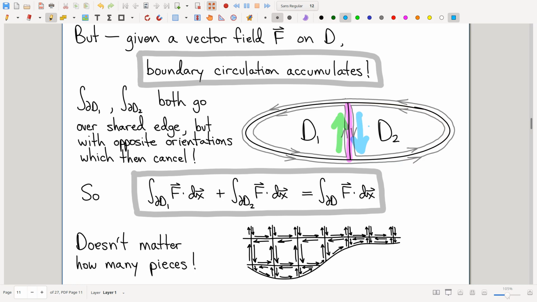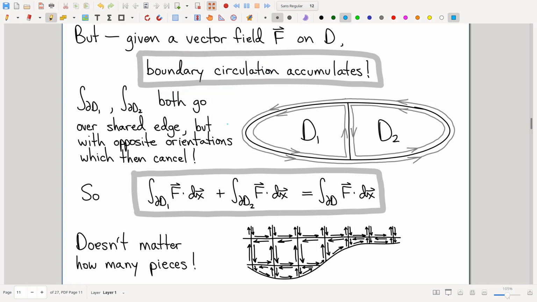And so, even though, I suppose in some sense we are adding some boundary, and we're adding in some sense two terms of boundary line integral, they cancel each other. And so, in terms of total boundary circulation, we're not adding anything at all. And so, accumulation. So, boundary circulation is something we can compute with an integral.